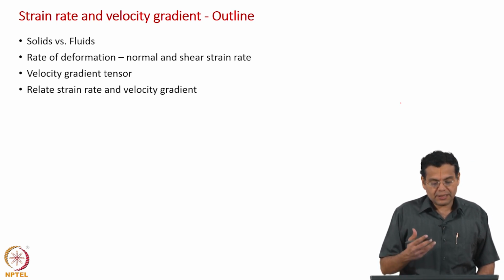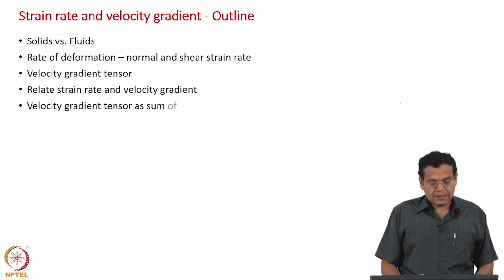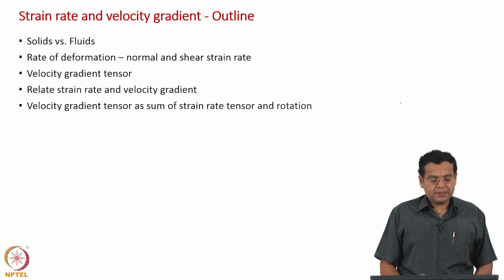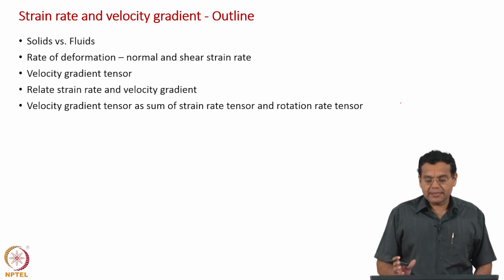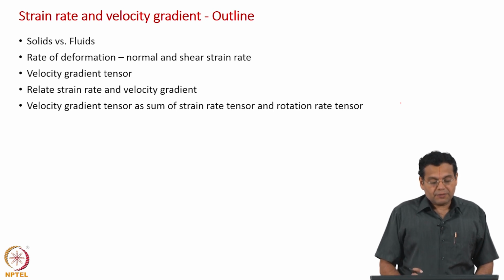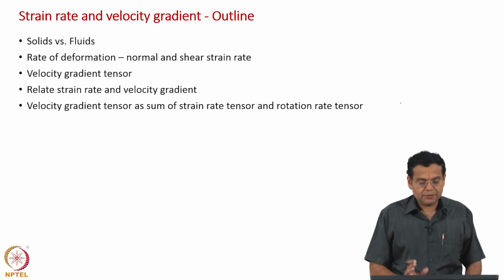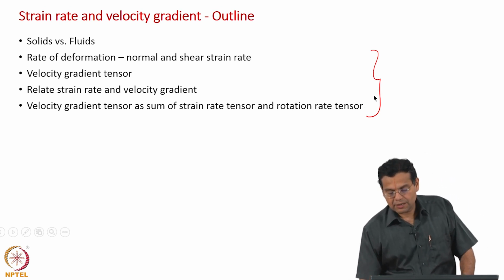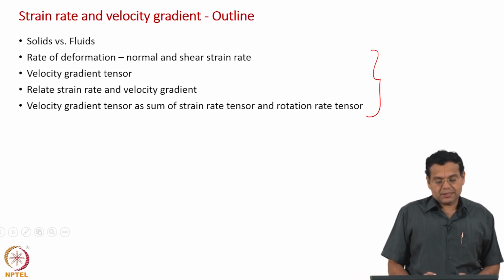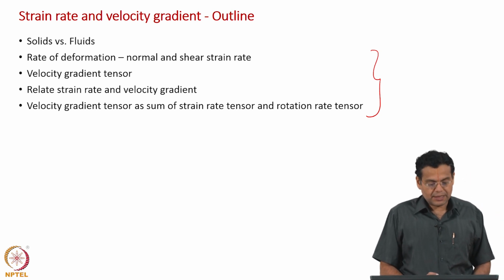Here we are going to relate strain rate and velocity gradient. And there we expressed the displacement gradient tensor as sum of strain tensor and rotation tensor. Analogously, here we are going to express the velocity gradient tensor as sum of strain rate tensor and rotation rate tensor. So, these four topics are almost analogous to what we discussed for strain in solid mechanics.